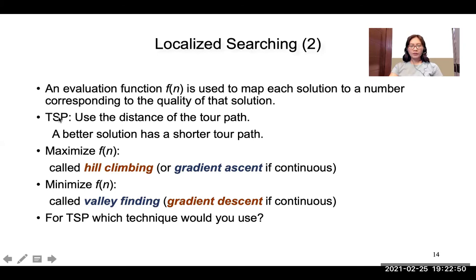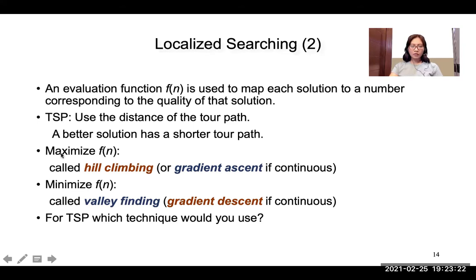For example, in the traveling salesman problem, where somebody needs to travel from one place to another, we need to calculate the shortest distance from the start place to the destination. That will be finding the minimum score of the function f of n.